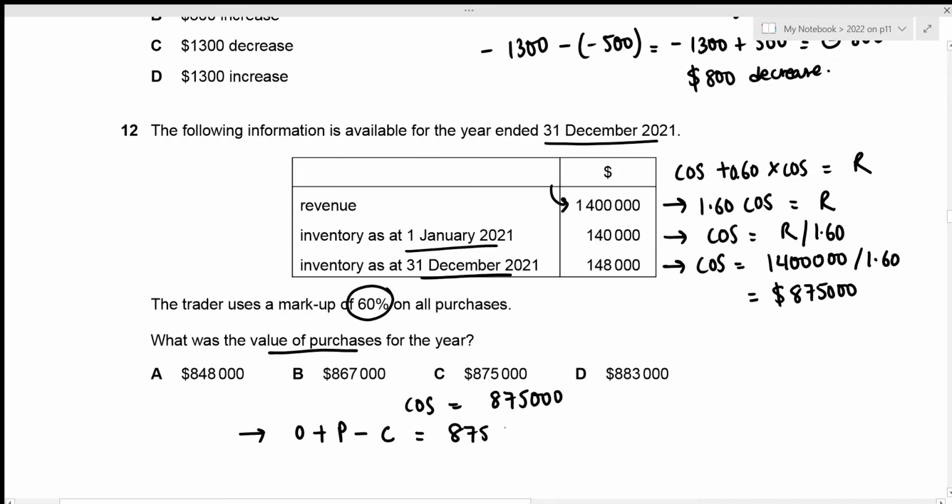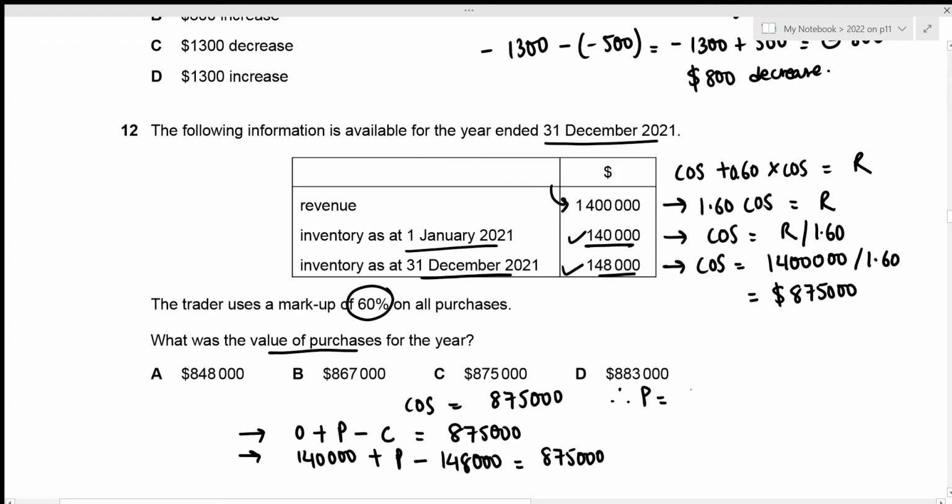And we are already given the values for opening inventory and closing inventory, which means that we can easily figure out the value for purchases. We have our opening inventory to be 140,000 plus purchases minus the closing inventory value of 148,000, and this is equal to 875,000. Now we can easily figure out the value for purchases.